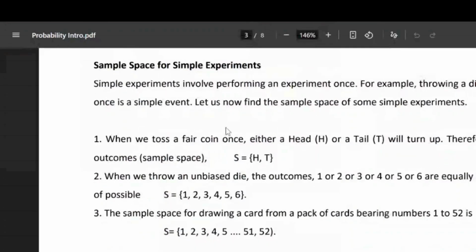When you toss a coin, the sample space is what? Either a head or a tail. If you toss a Ludo die, the sample space becomes 1, 2, 3, 4, 5, and 6. If you are to draw a card from a pack, the whole pack has 52 cards. So the sample space becomes 1 to 52.